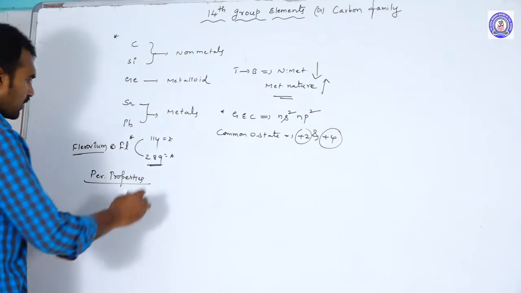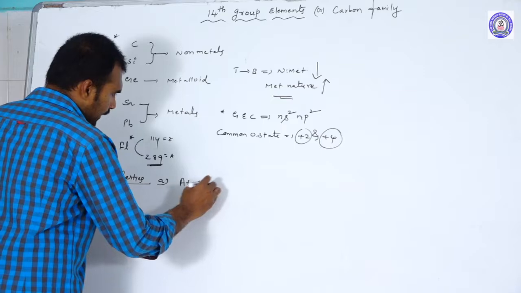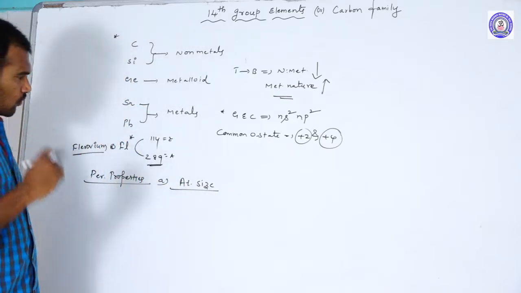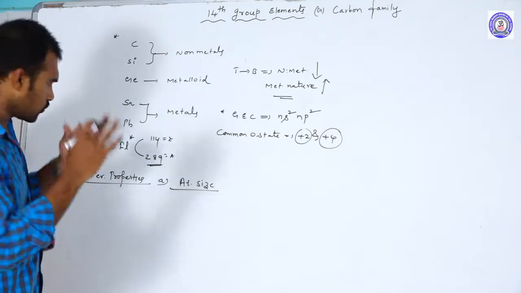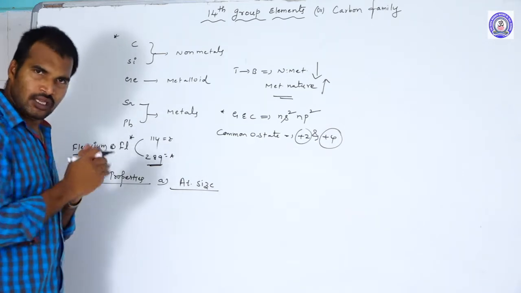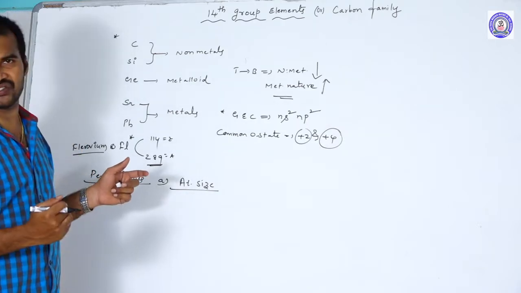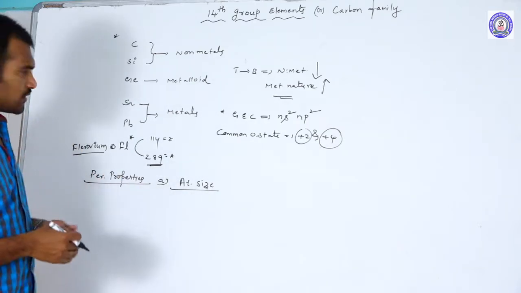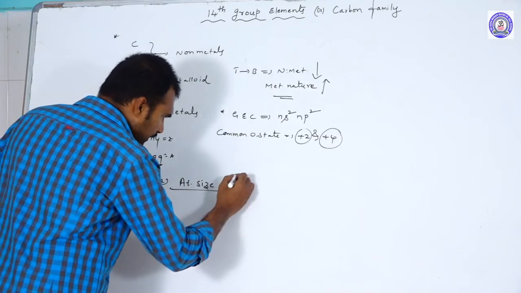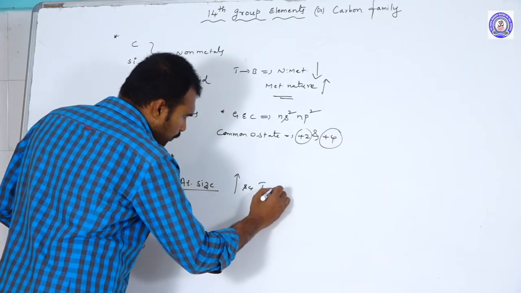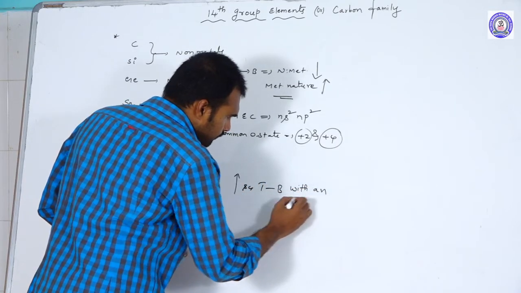Under the periodic properties, the first one is atomic size. So what happens to the atomic size in the group when you go from top to bottom? The atomic size increases because of the increase in the number of shells, with an exception.